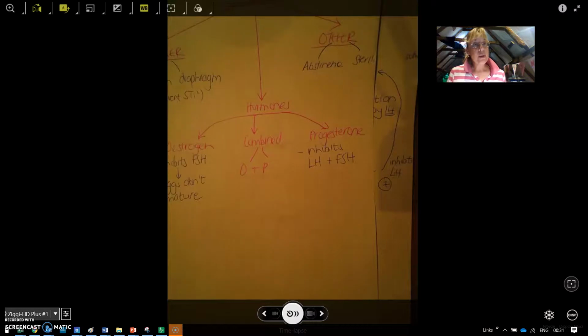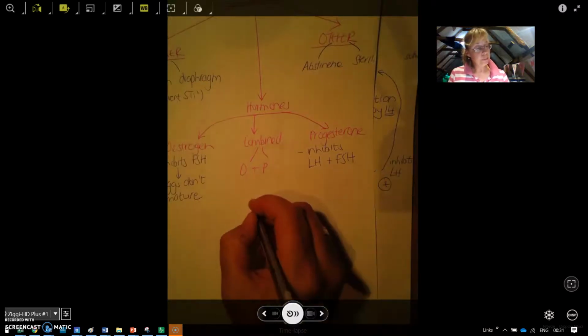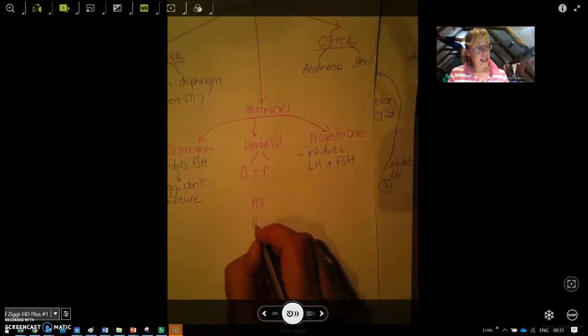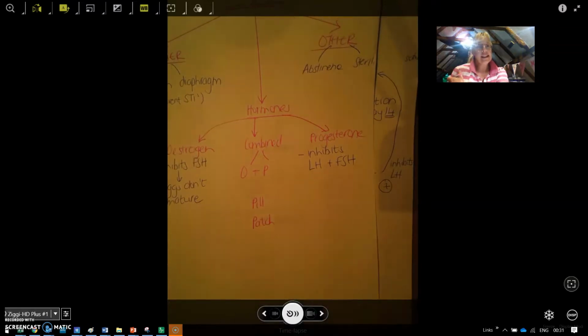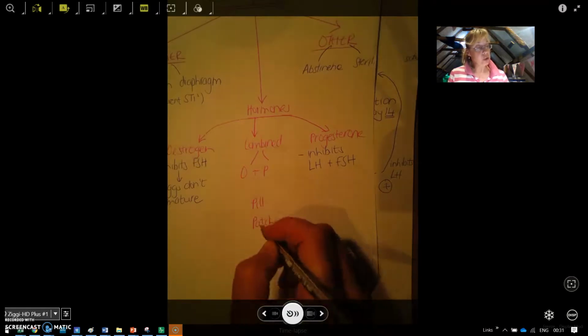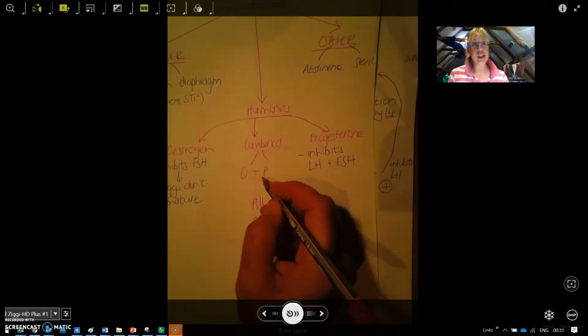So there's other ways other than having a pill. So we've mentioned a pill. What they could do is they could have a patch that is stuck to your arm, and what that patch does is it also contains estrogen and progesterone.